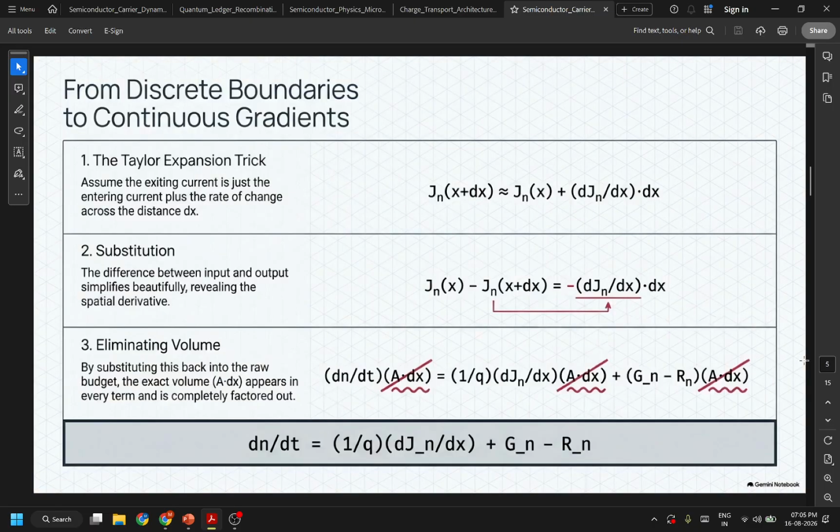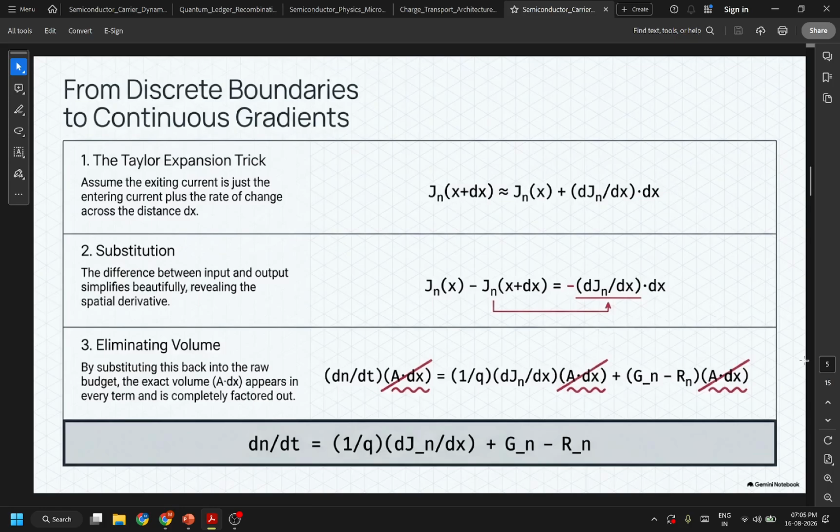Now we have to convert from discrete boundaries to continuous gradients. We can do that using a Taylor expansion. Assume the exiting current is just the entering current plus the rate of change across the distance dx, which gives us J_n(x+dx) equal to J_n(x) plus dJ_n/dx times dx.